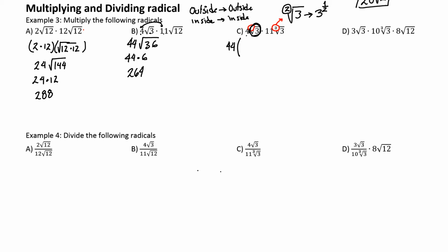Now, here's how I got 1/2. The denominator of the fraction is the index. The numerator is the power of 3, which in this case, since we only have 1, it's going to be 1. So we're going to have 3 to the 1 over 2. And then for the other one, since we have an index of 3, we're going to have 3 to the 1/3.